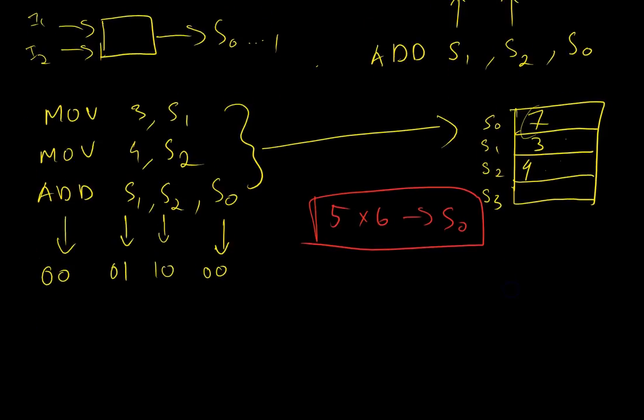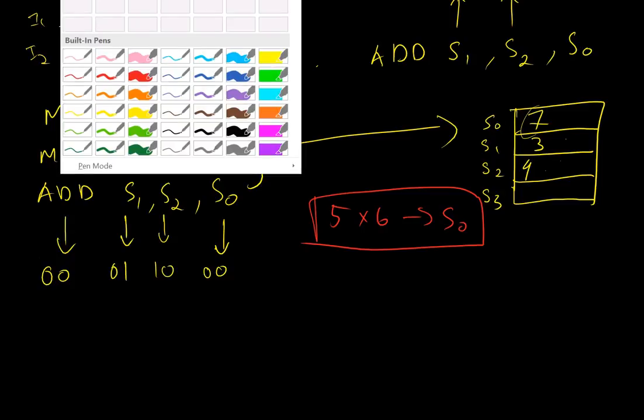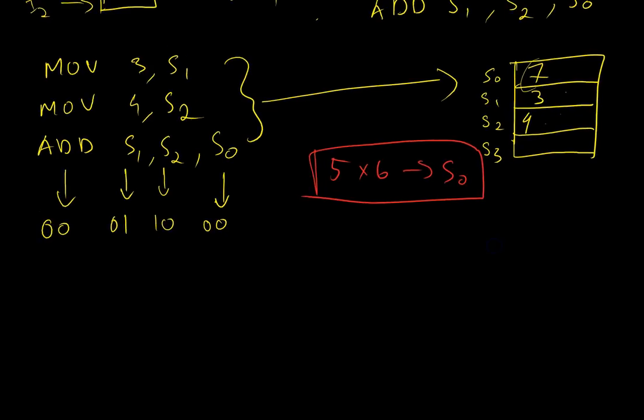Okay, welcome back. So just to take up the little problem we have, what do we need to do? First, we need to put the numbers 5 and 6 into our memory, and we do that using the move instruction.